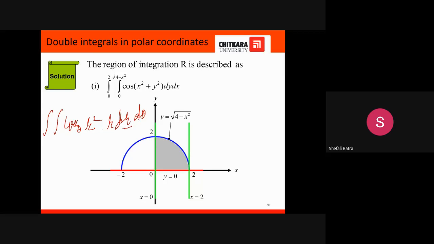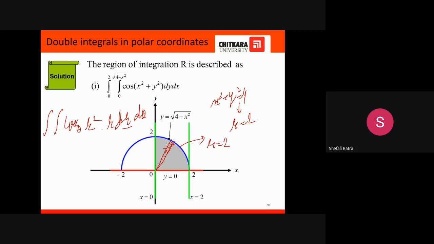Now I need the limits of r and theta. For the limit of r, I'll make a radial strip here. You know this is the equation of the circle, and the circle is saying x square plus y square is equal to 4, or I can say r is equal to 2.